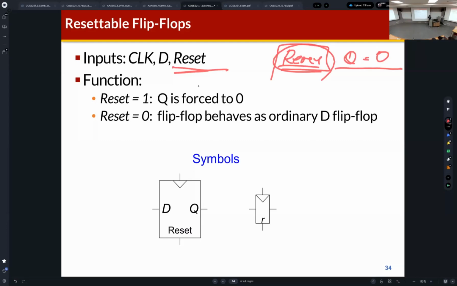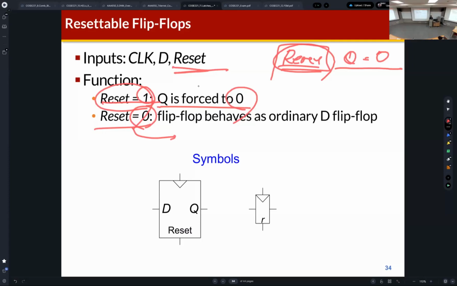I also explained the meaning of a reset signal when we learned about the SR latch. So if reset becomes 1, then Q becomes 0. And if reset is 0, then it stays in the normal behavior of a flip-flop. So when reset is 1, then regardless of the input signal, Q becomes 0. That is the behavior of a resettable flip-flop.